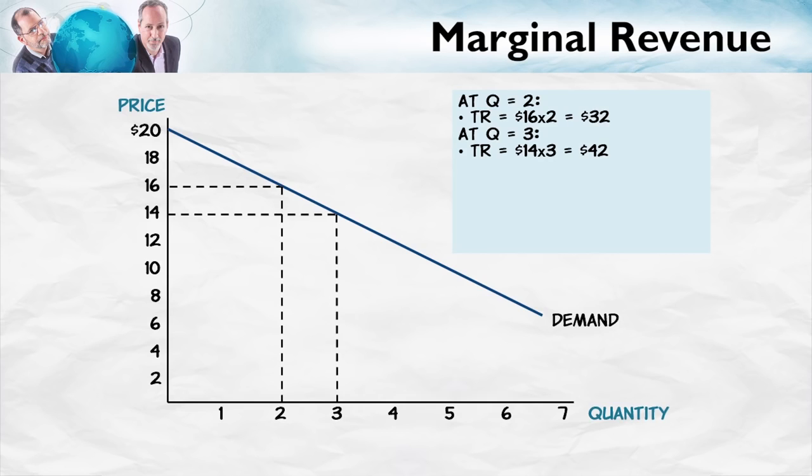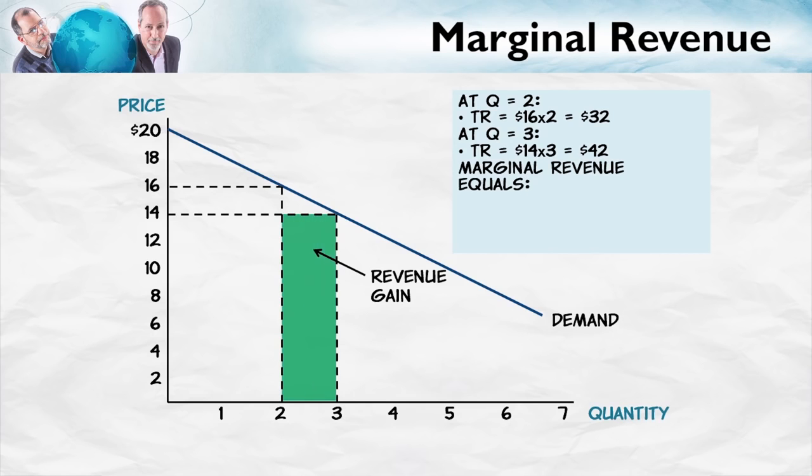Now we can actually arrive at the same conclusion in another revealing way. Marginal revenue can be broken down into 2 parts. First is the revenue gain from selling an additional unit. That's just this area right here. We can sell an additional unit, the third unit, for $14. That's the revenue gain.